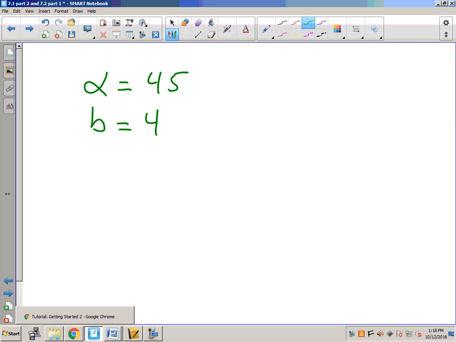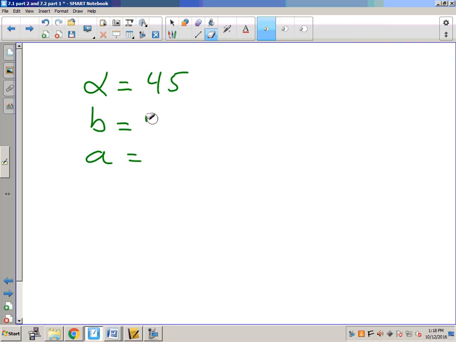And side A, you know what? Let's make B 5. This is a little unscientific, so I want to make sure that this works out the way I'm wanting it to. B is going to be 5, A is going to be 2. So could you please do your best to construct this for me? Now, keep in mind, this angle and this side have to be across from each other, right?